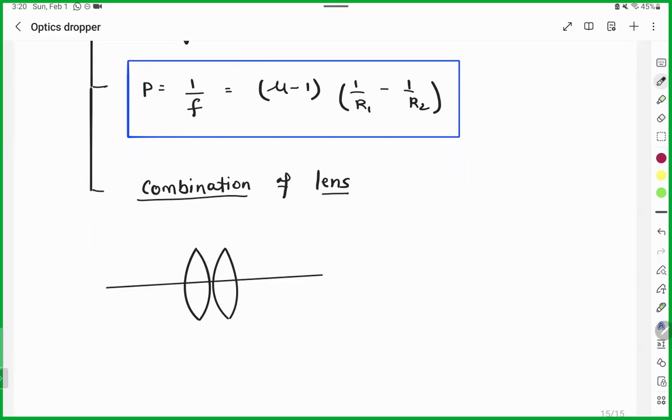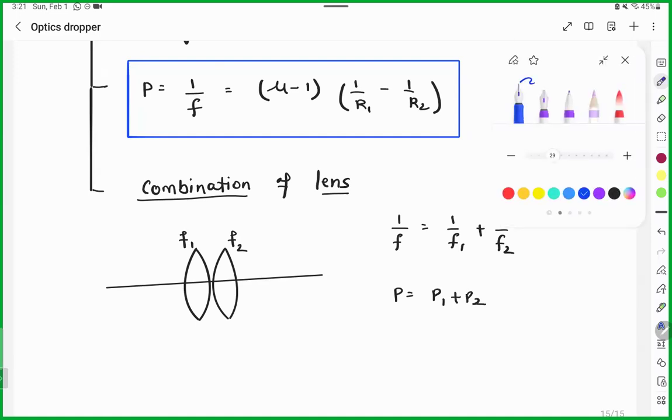For example, if you have focal length f1 and focal length f2, and you want to calculate the total focal length of the system, it will be a reciprocal addition of the two. Or power is the simple addition.